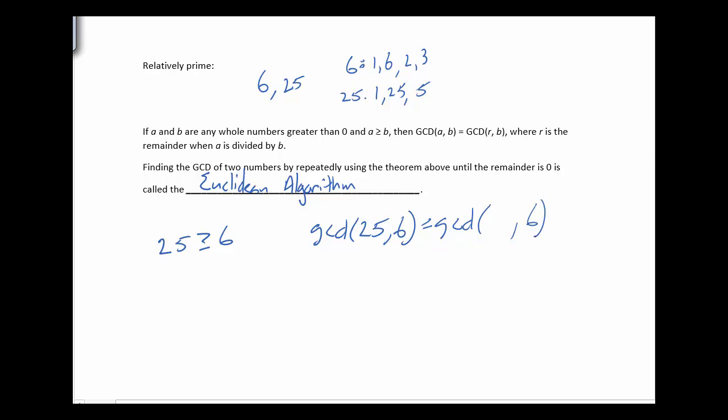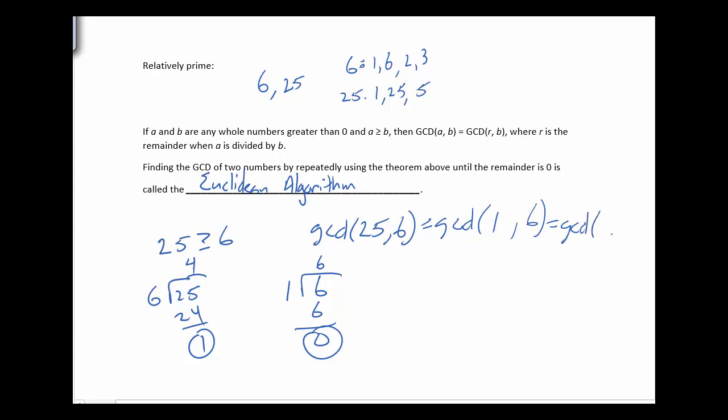So I need the remainder. 6 goes into 25 4 times with a remainder of 1. Okay, so that's what's going to go there. And then I'm going to take 1 and have it go into 6. It goes in there 6 times, so we get a remainder of 0. So I can say that that's the same as the GCD between 0 and 1.